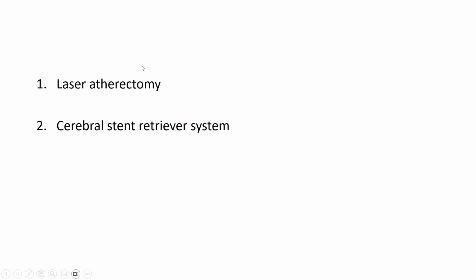And two final techniques, which are laser atherectomy and cerebral stent retrieval system that may be tried in the refractory cases.